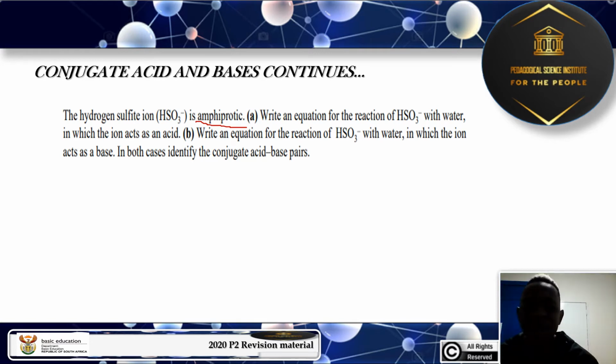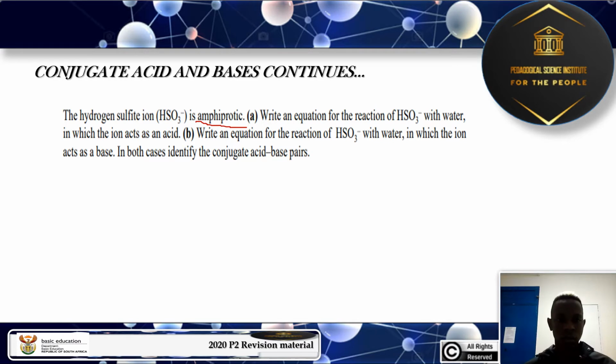In the first one, HSO3⁻ reacts with water and must act as an acid. In the second one, it must act as a base. So let's start with the first equation.